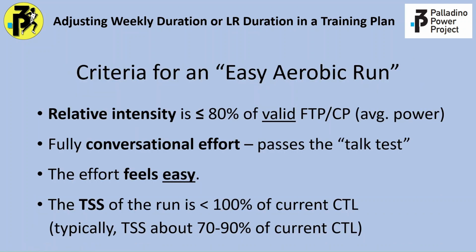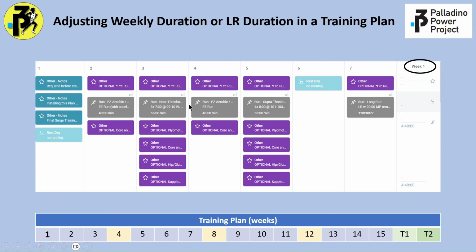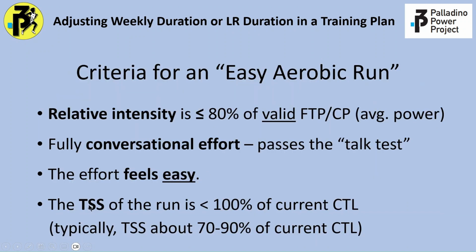Well, first thing I want to caution you on is that an easy aerobic run, these guys right here, you want to make sure that the training stress score, the TSS or RSS in stride parlance, is less than 100% of current CTL. All right.